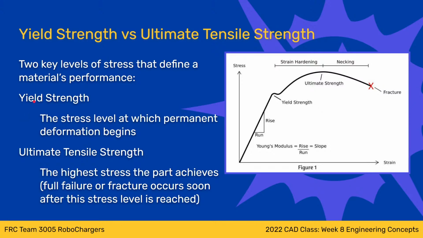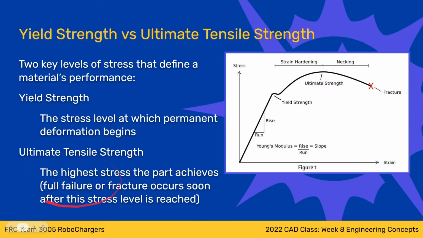But basically, ultimate tensile strength is when I'm pulling on a part, right? And the part is stretchy, and then I keep pulling and I exceed the yield strength and the part starts to deform permanently. But then I keep pulling, I will at some point reach a maximum stress in the material, and then all of a sudden the material will have this runaway, and it will deform very rapidly and then break.